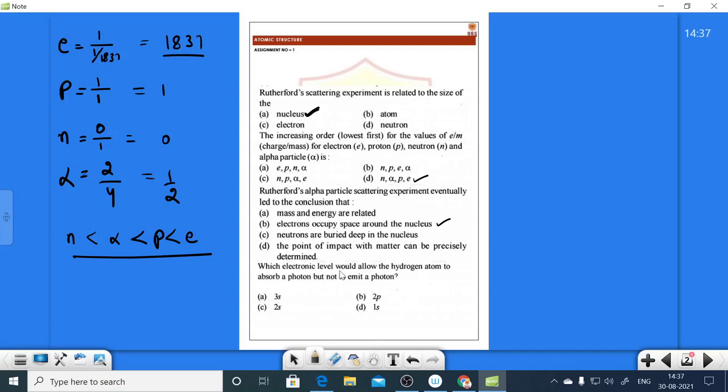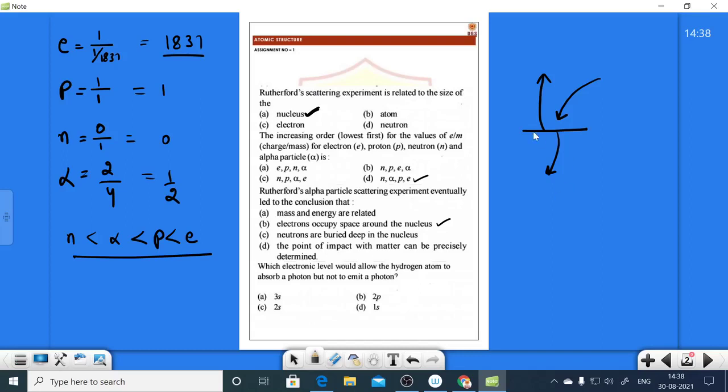Now, which electronic level would allow the hydrogen atom to absorb a photon but not to emit a photon? If we try to understand the problem well, this is the level on which an electron can absorb a photon, and by absorbing a photon, the electron can move upwards in the quantized level of higher energy. But it cannot emit a photon and cannot go below to a quantized level of lower energy.